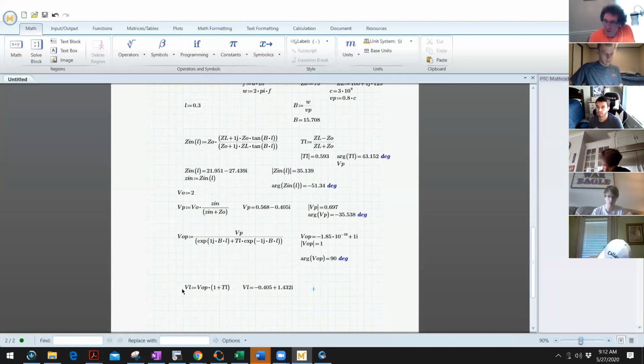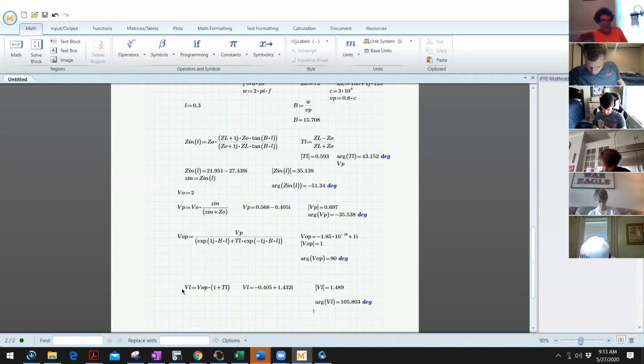Really, you always want to do this in polar form. So the magnitude of V load is equal to 1.49, and the argument of V load here is going to be 105 degrees. See if you guys can get that. Yay, nay, anything?